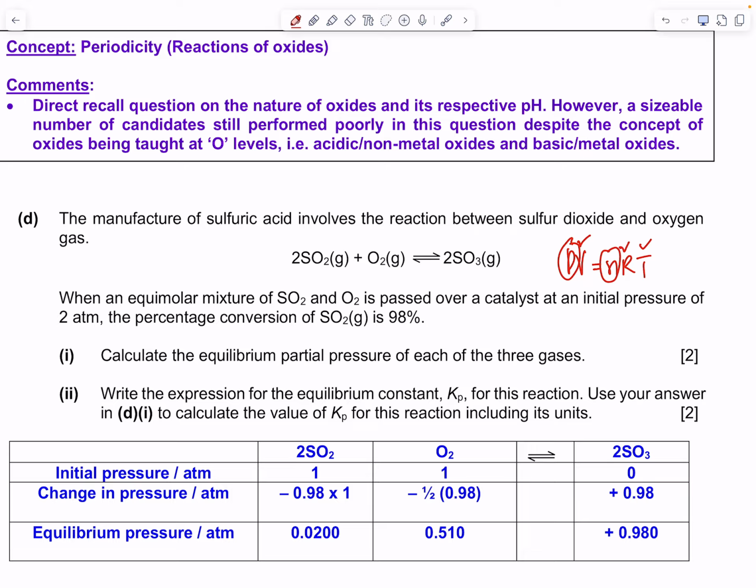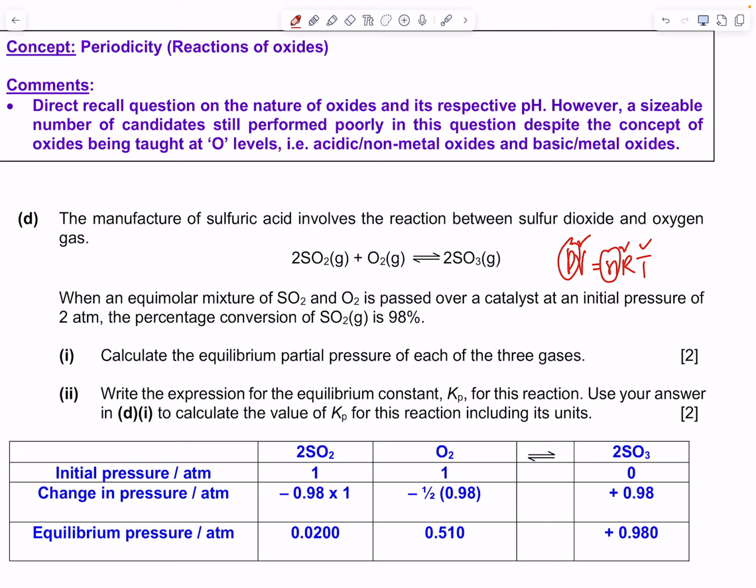So when someone says equimolar, that means it's equipressure, which means that if sulfur dioxide is 1 atmosphere, oxygen is also 1 atmosphere. So 1 plus 1 equals 2 atmospheres. If you still recall, Dalton's law of partial pressure teaches us that the sum of individual partial pressures add up to give you the total pressure of the system.